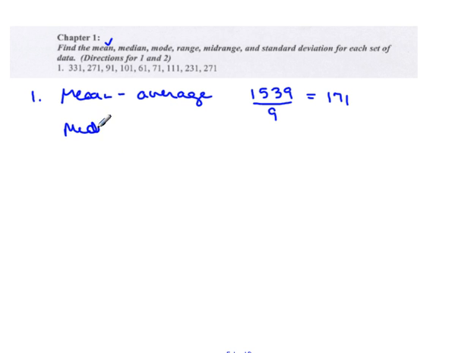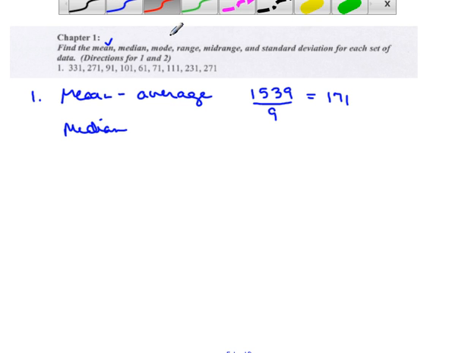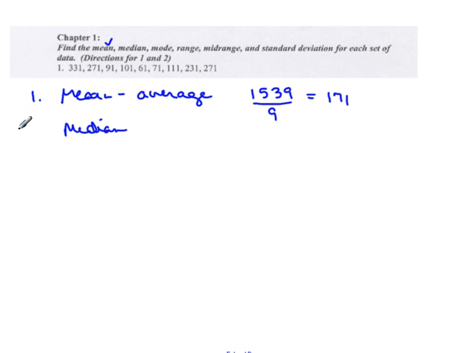The median, if you recall, is the middle value when these numbers are placed in order. So when you order these numbers, and I'll order them here on the side, it would be 61, 71, 91, 101, 111, 231, 271, 271 again, and 331.